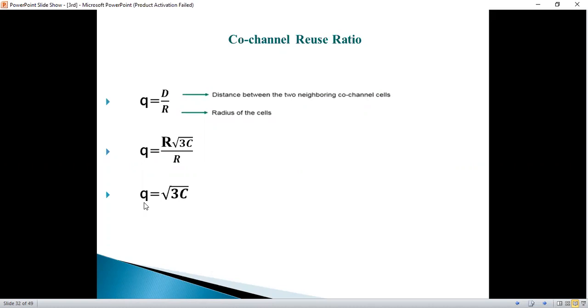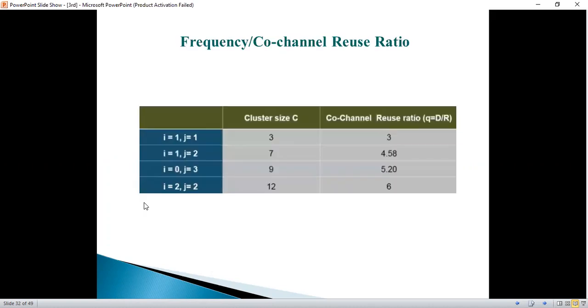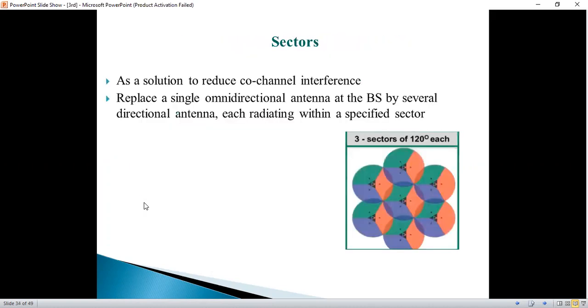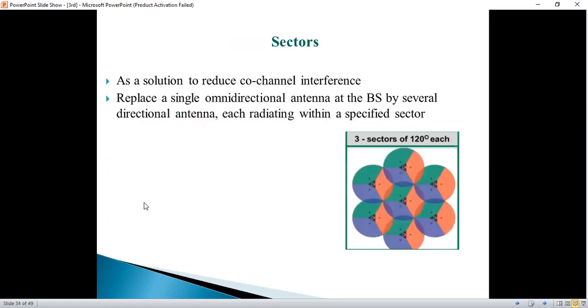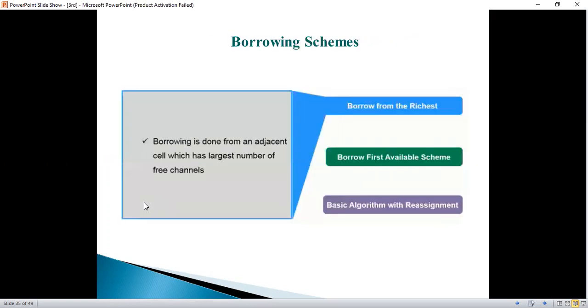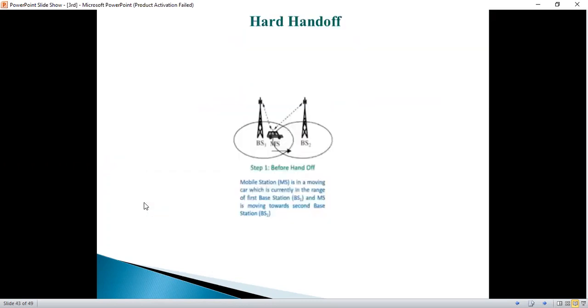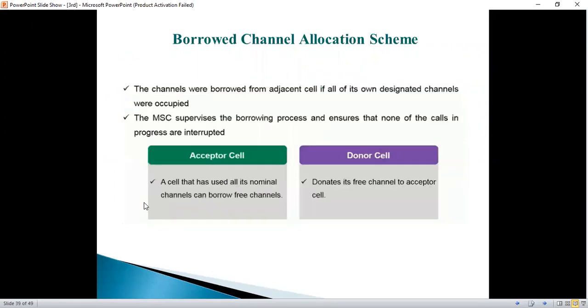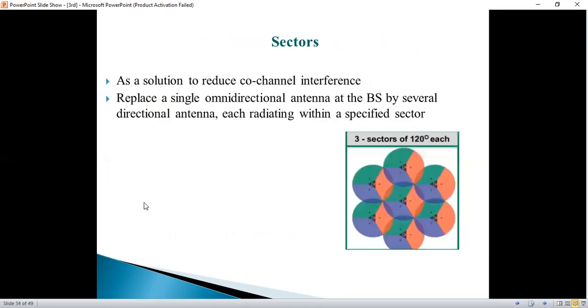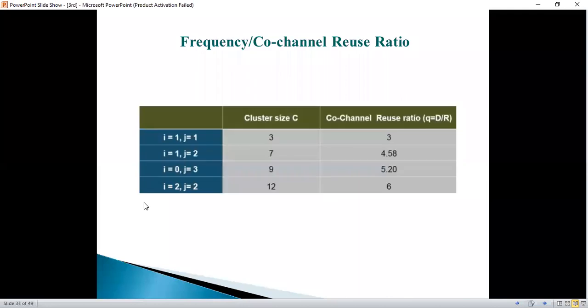Okay, ma'am. So how many slides do we have? So up till now, everything is clear or not? Yes, ma'am. Everything is clear.